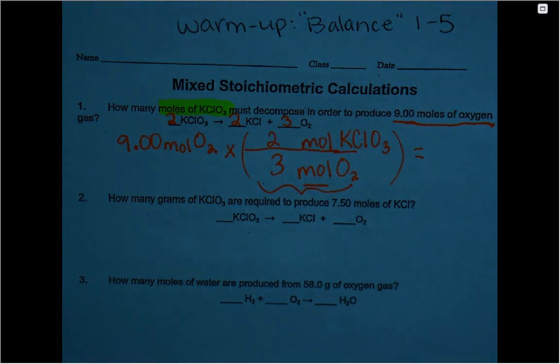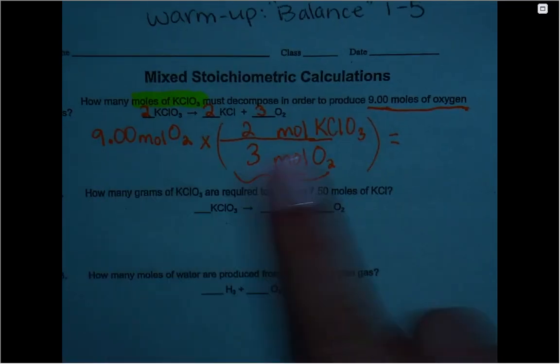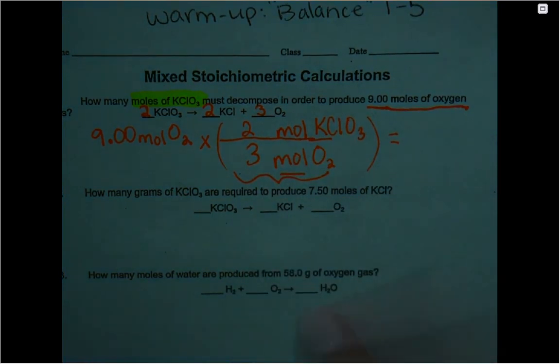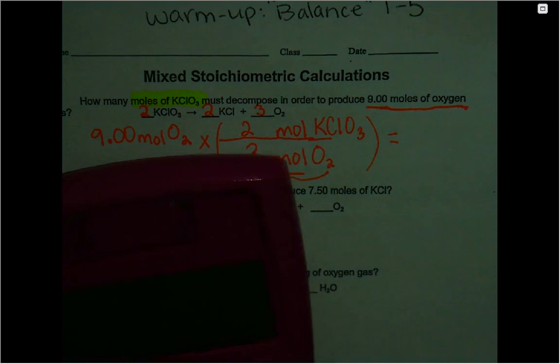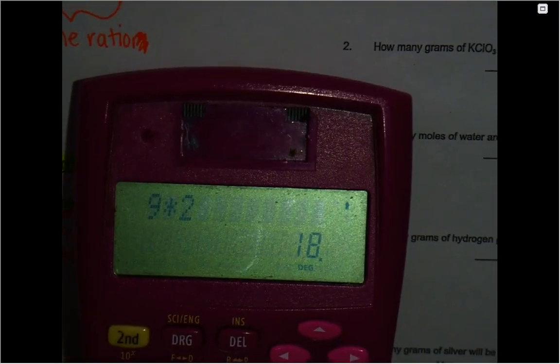What you're going to see me do, probably out of habit, and plus it's something that you can do on your phone, is I always type in my multiplying across the top, and then I divide by everything on the bottom. I push divide, divide, divide, all right? So when I typed it in, I put 9 times 2, and I pushed enter to get an answer.